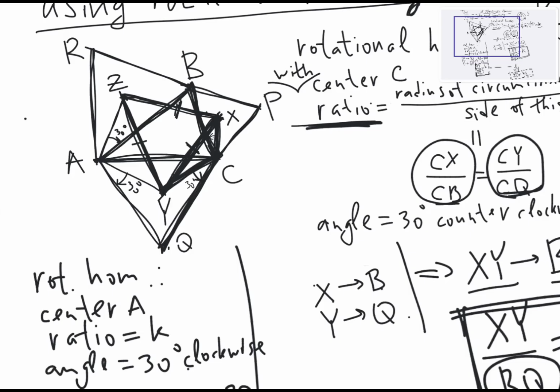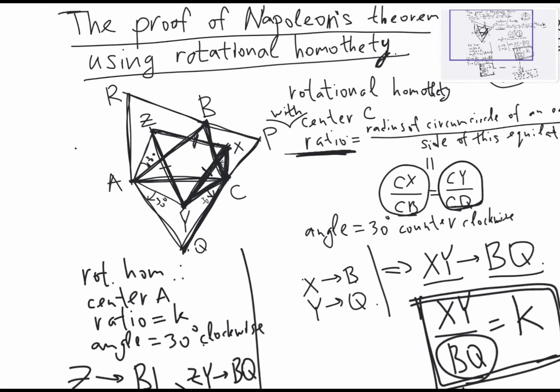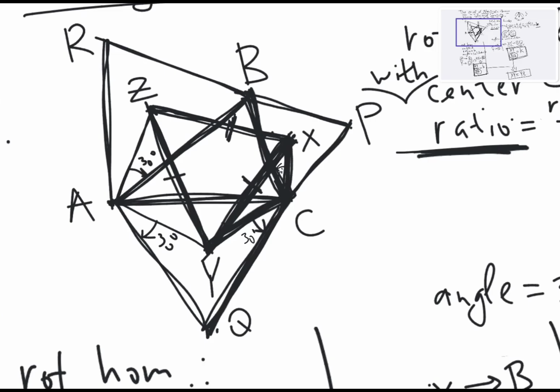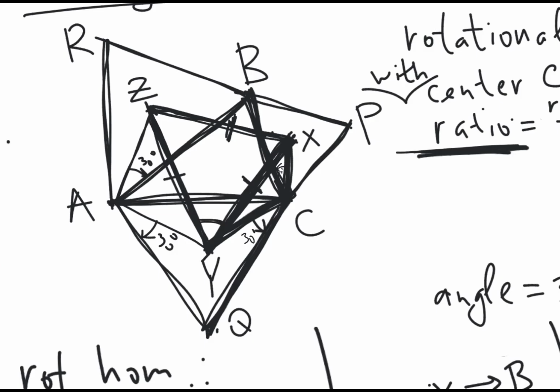And the angles, by the way, we can also conclude the angles between them. So we concluded that the lengths of XY and YZ are equal, but we can also calculate the angle between these two segments.